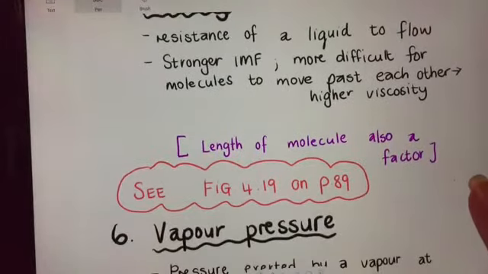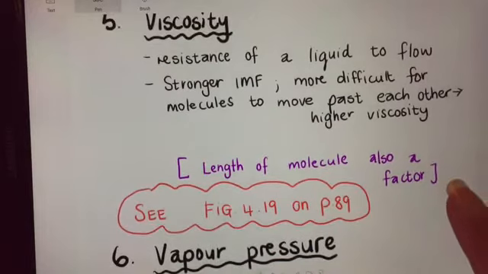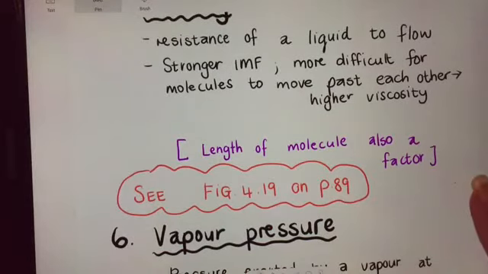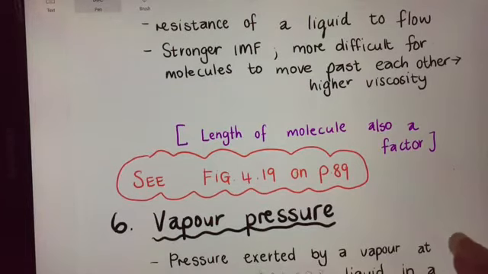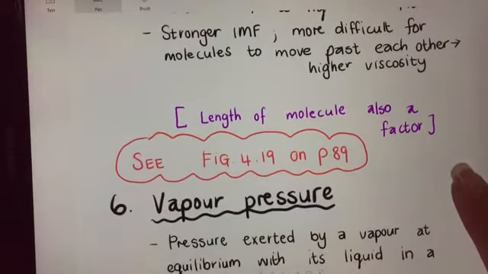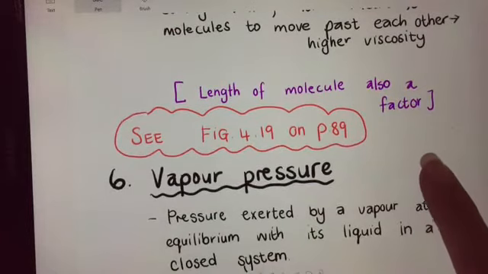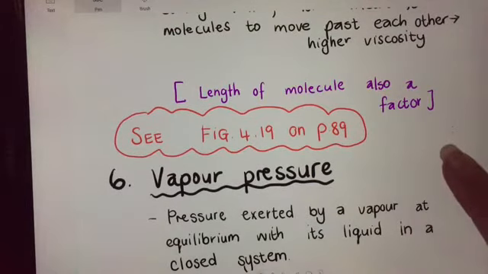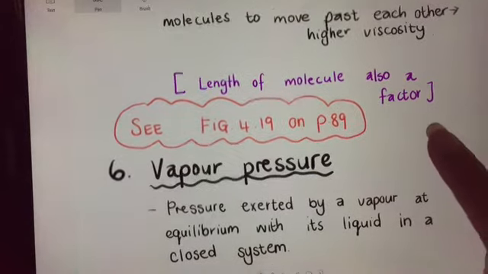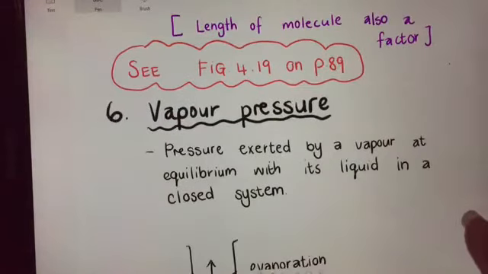Also note that it's not just intermolecular forces that determine viscosity. The length of the molecule also plays a role, because if molecules are very long, they can become intertwined, and that also makes it difficult for them to flow or to be poured. There's a very nice illustration on page 89 which explains the whole idea of viscosity, so please go take a look at that.